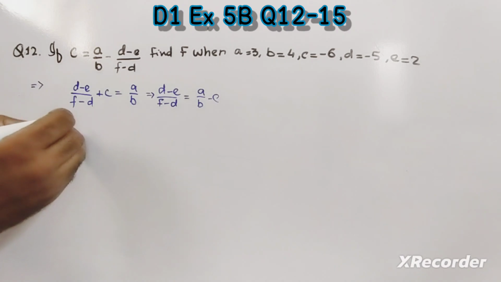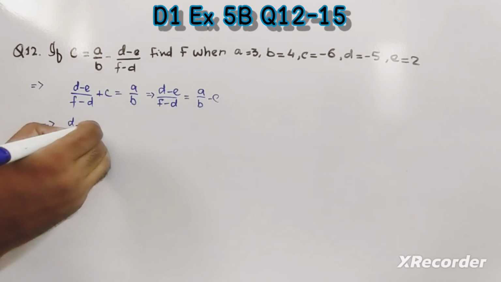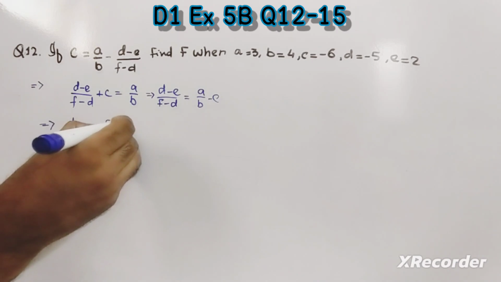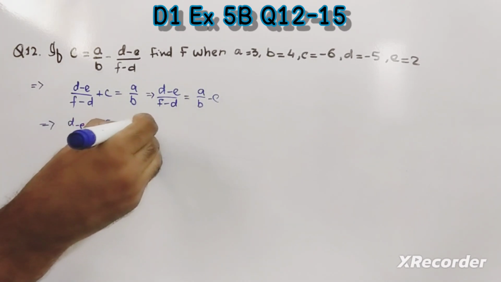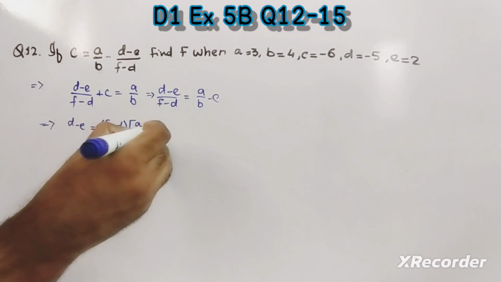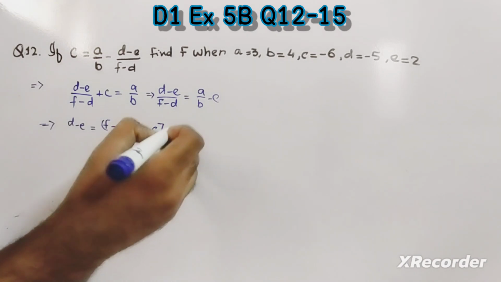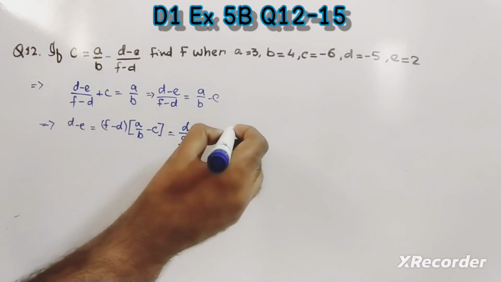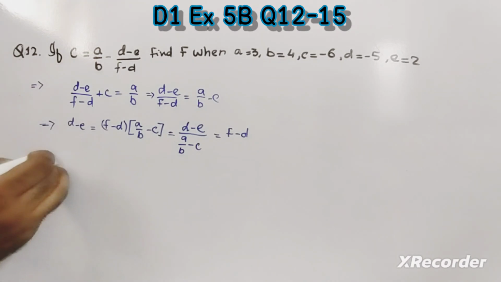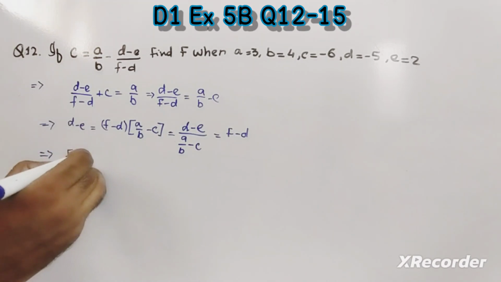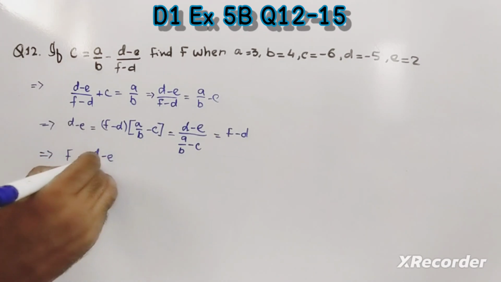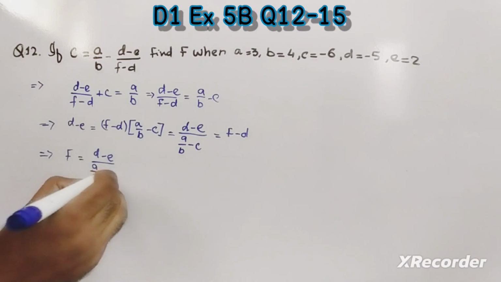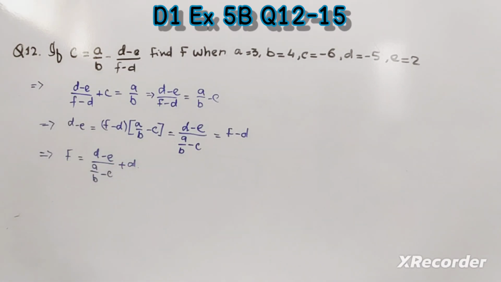What we get is D minus E is equal to F minus D times A upon B minus C. Now we move this bracket on this side, so D minus E upon A upon B minus C is equal to F minus D, and then move this D like that, so our F will become D minus E upon A upon B minus C plus D. So this is our required formula. Now we put the values of given numbers like that.